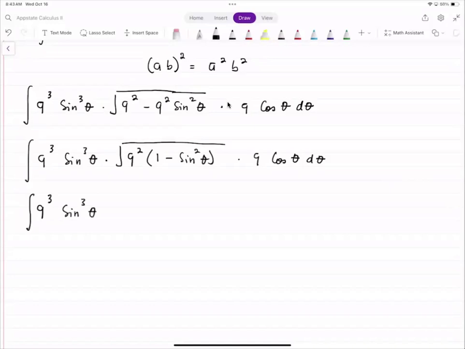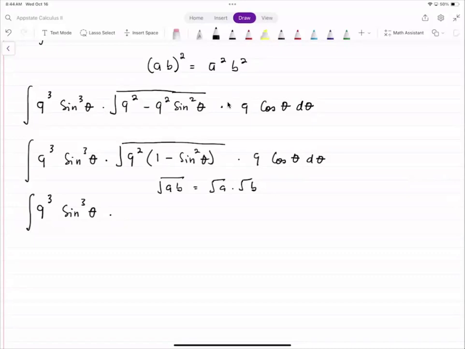sine cubed theta times. Now be very careful. Like I showed you the properties of surds, if you have the square root of AB, this is the same thing as the square root of A times the square root of B. Now, the square root of 9 squared is 9. Be very careful so that you don't go and write 9 squared.